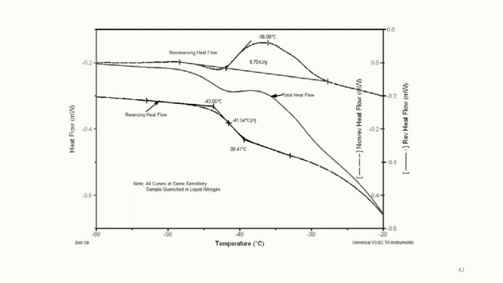This often makes it difficult to interpret data or detect small transitions. Modulated differential scanning calorimetry has a significant advantage over traditional DSC in that it measures both the heat capacity component and the kinetic component, obtained from differences.